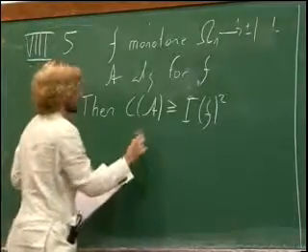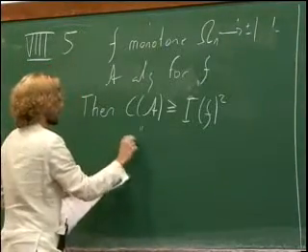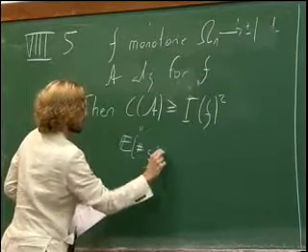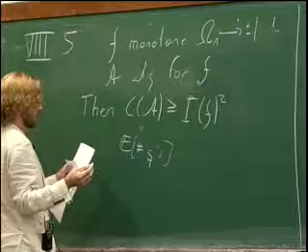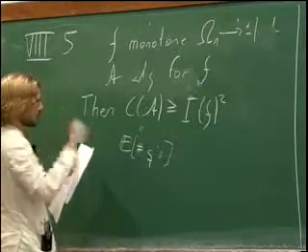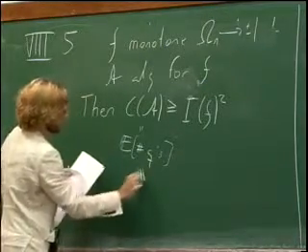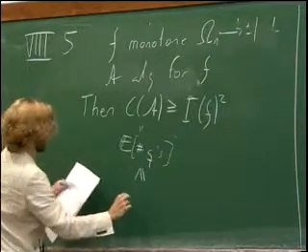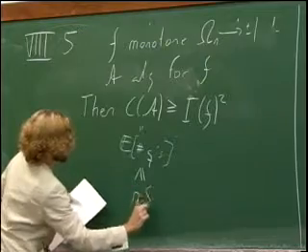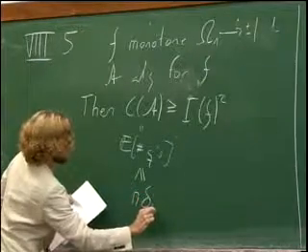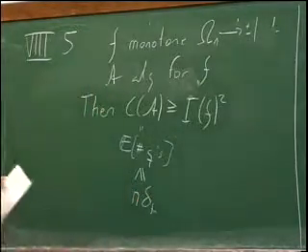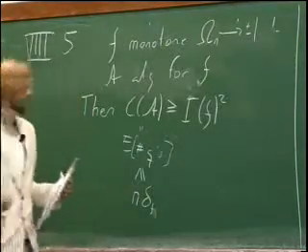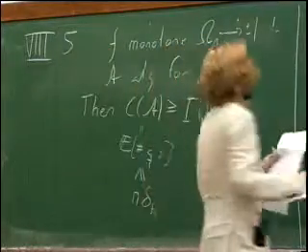The cost of the algorithm is, of course, the expected number of questions, which is obviously at least n times delta of f. We don't have a sub n here. N is the number of bits.